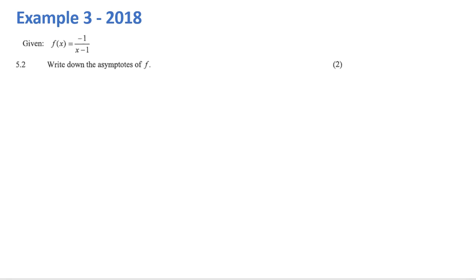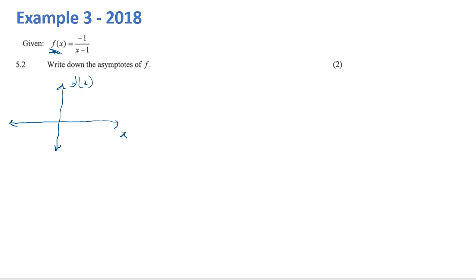Asymptotes are where this function f does not hold, and it's not defined. It's important to know that if we first think about that, that's f of x, the y-axis typically drawn as, and that's the x-axis.